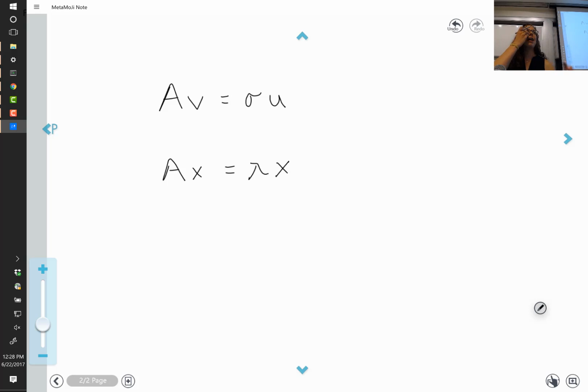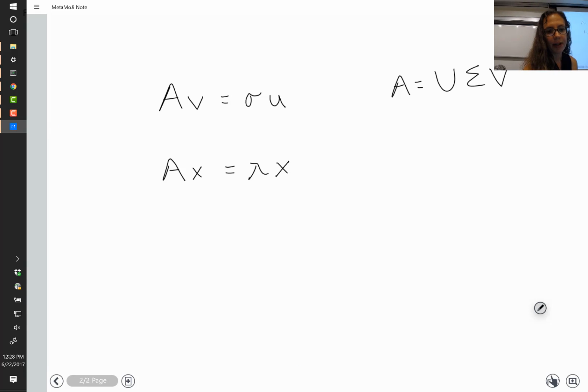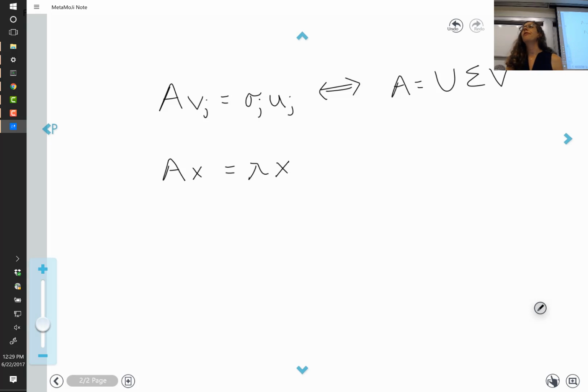This is just thinking about one pair of vectors V and U, and one singular value from the diagonal. So this is coming from A equals U sigma V. And we would have a number of these for different singular values.